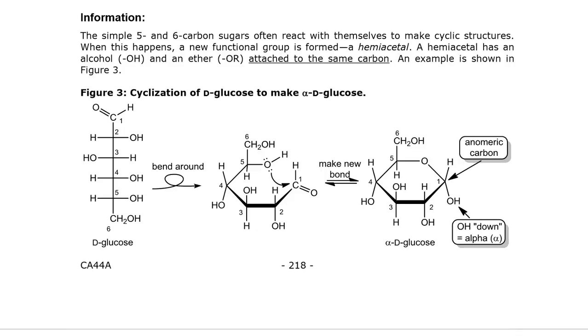All right, so now that's the end of that particular unit talking about chirality and enantiomers. We need to talk about one other thing with regards to sugars, and that's how do they cyclize and how do you connect them together?